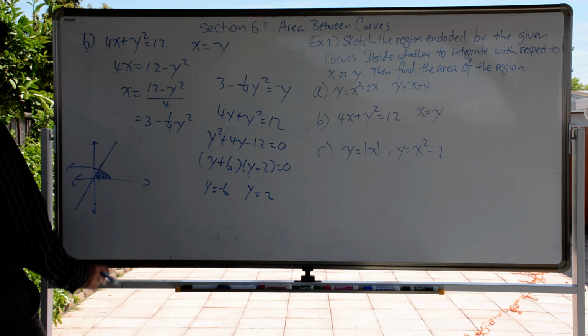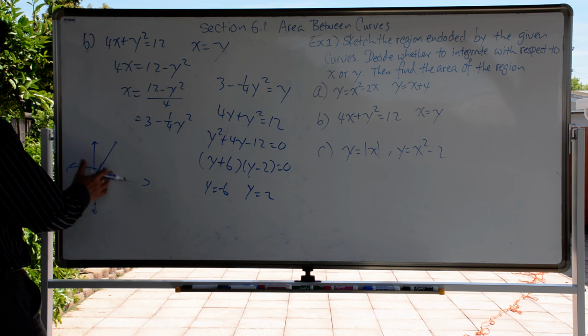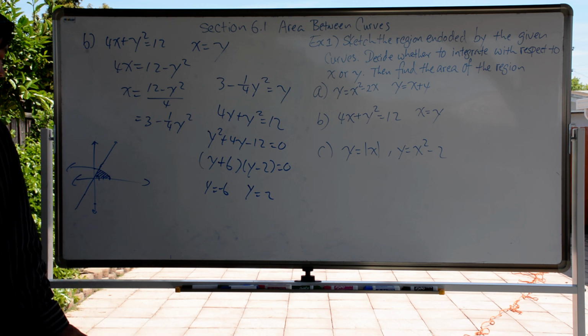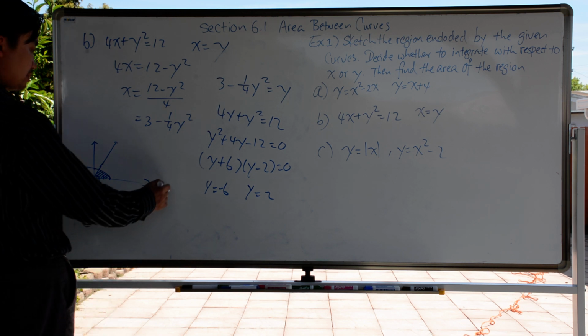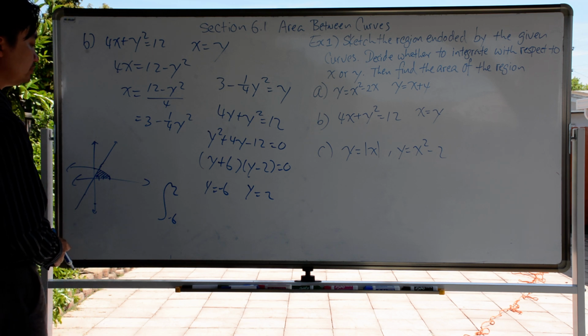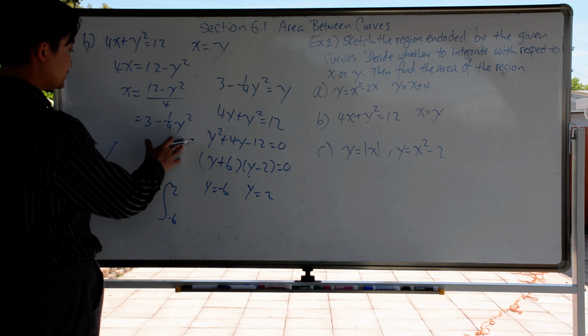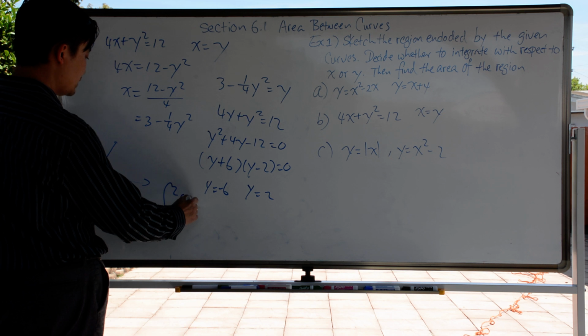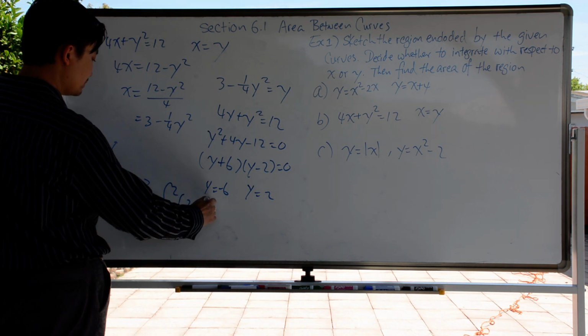Okay, so basically we need to find out the area right between the curves from here and also the other part, which is down here on the bottom. So integrate from negative 6 all the way to 2. For the right end of the curve, we do have the quantity of 3 minus 1/4 y squared.